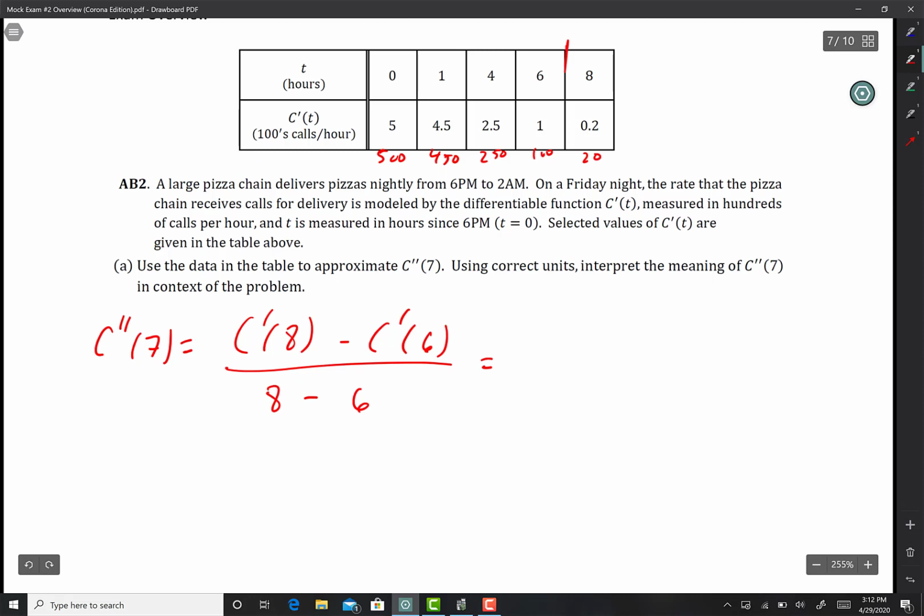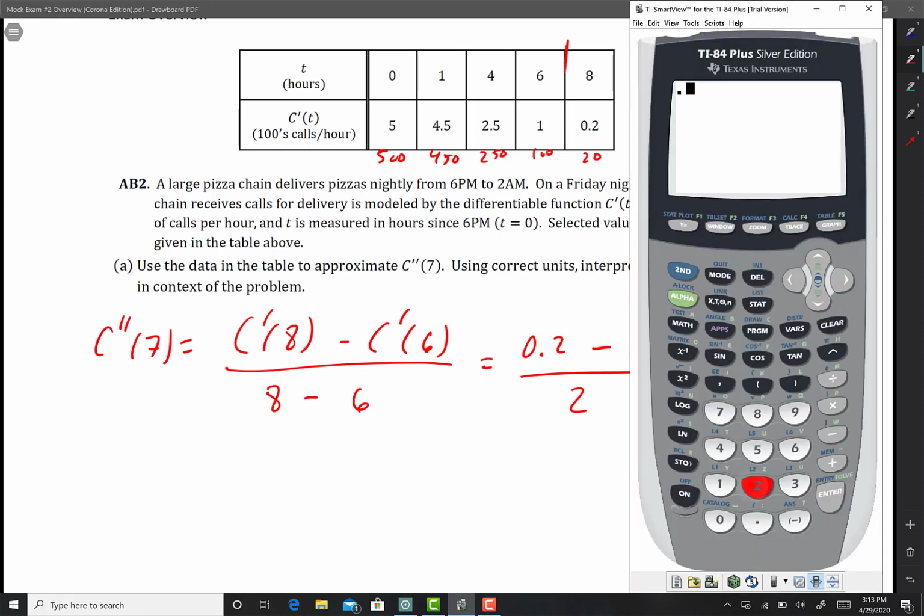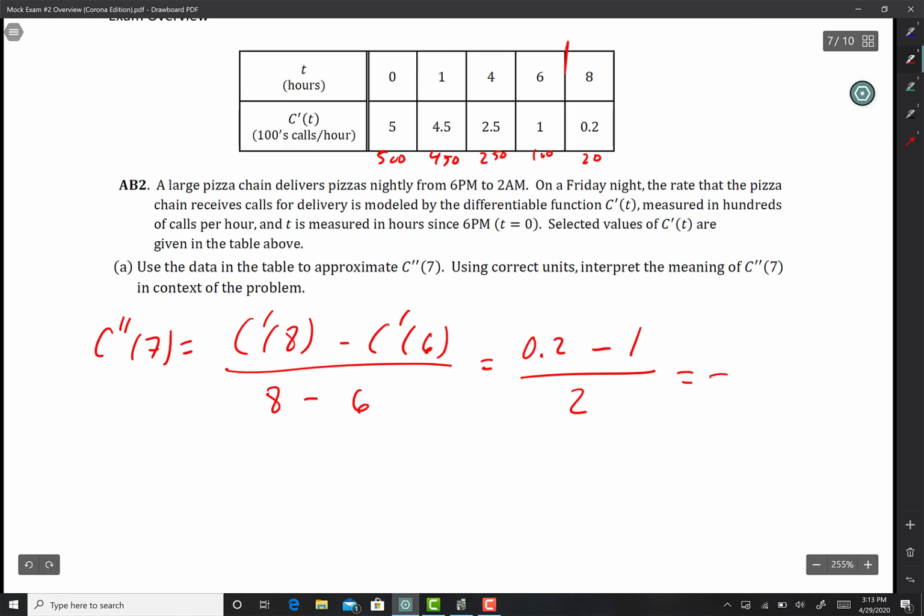C prime of 8 is 0.2 minus c prime of 6 is 1, over 8 minus 6. What's that, 2? So I'm just going to use my calculator, guys. 0.2 minus 1, I know that's negative 0.8. And I'm going to divide that by 2. So there it is. Negative 0.4 cost per hour per hour.